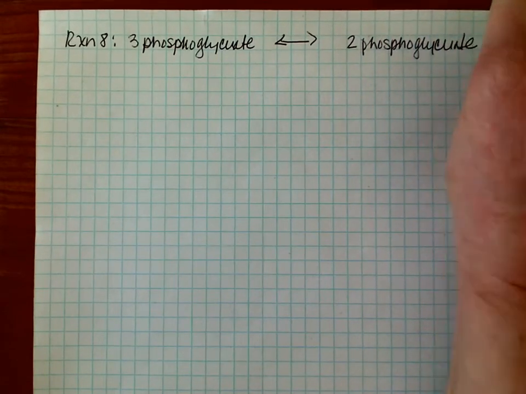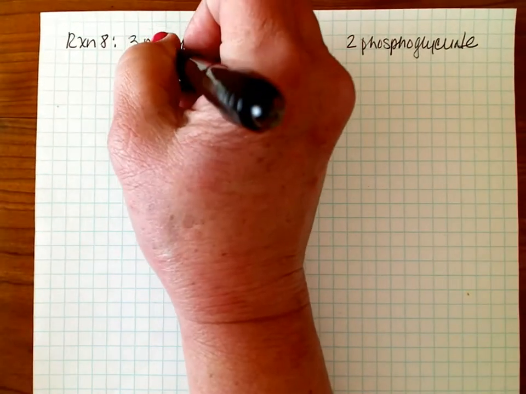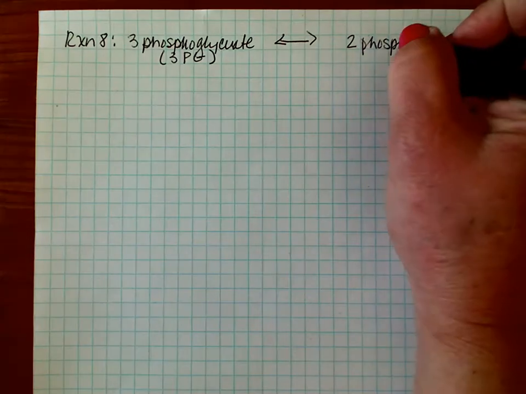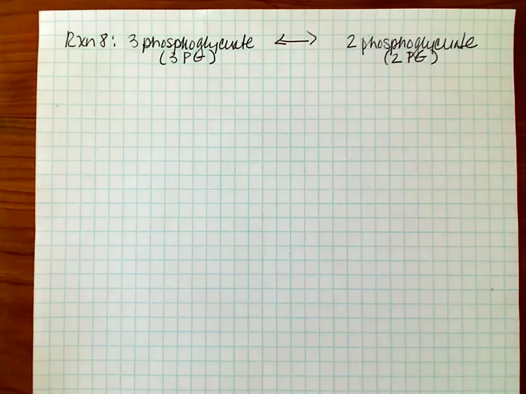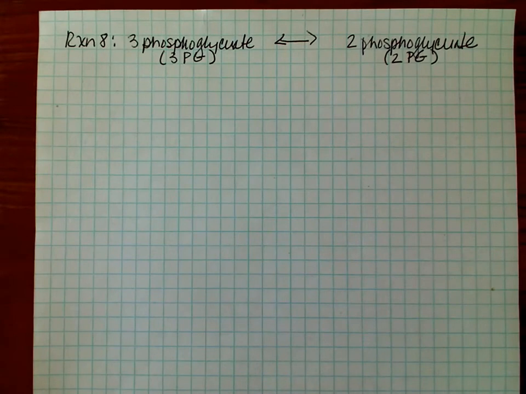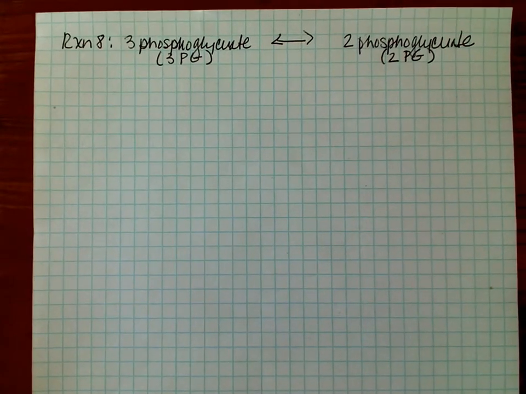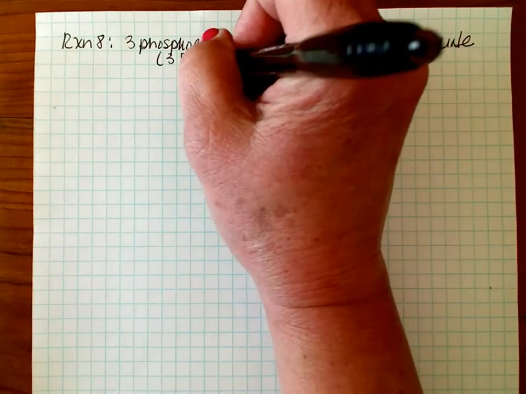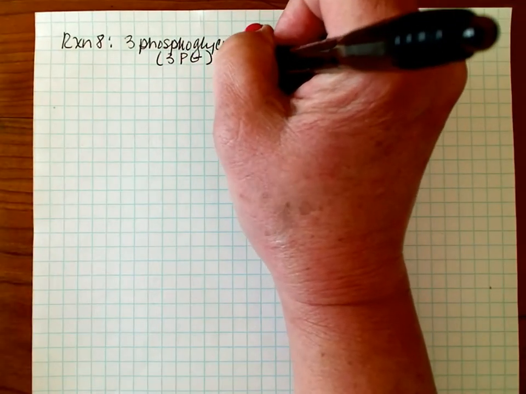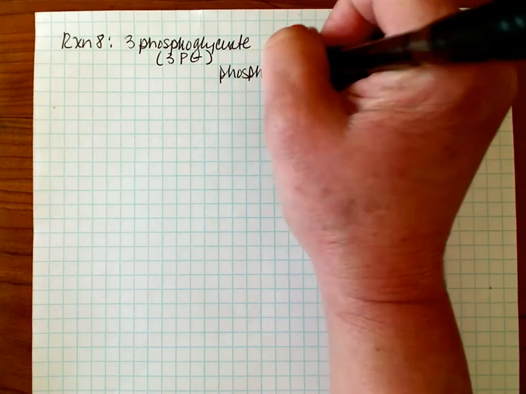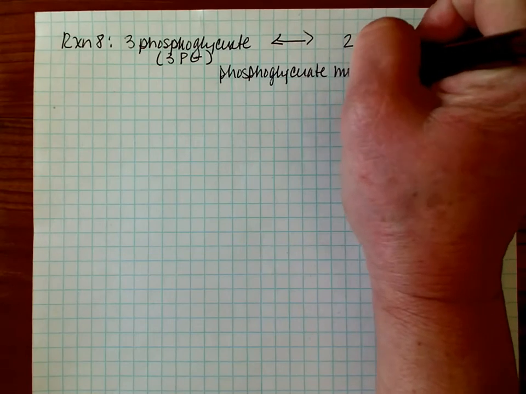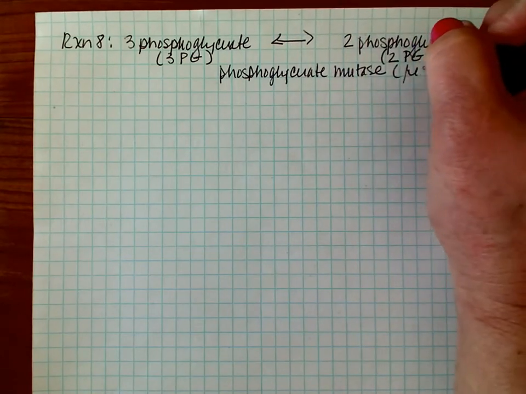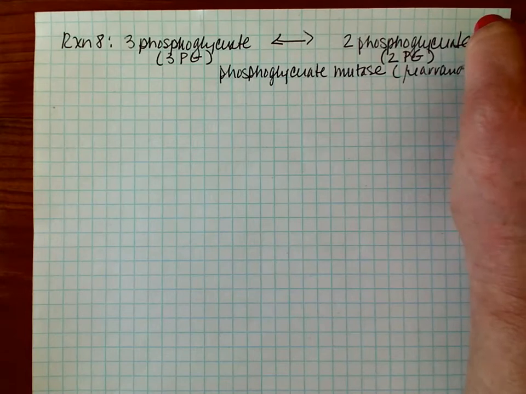So essentially this is a rearrangement. And we'll just be moving that phosphate group from carbon 3 to carbon 2. And the enzyme involved here is phosphoglycerate mutase. And as I said, it's a rearrangement.